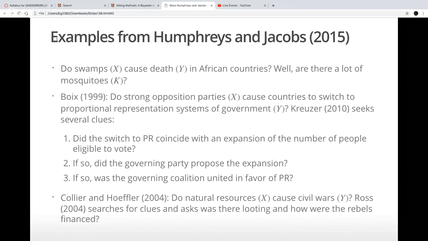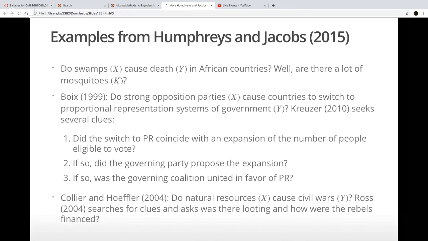There's been back and forth debate about this. Economists are definitely tending to prefer the regression, whether that's instrumental variables or whatever, sorts of studies.